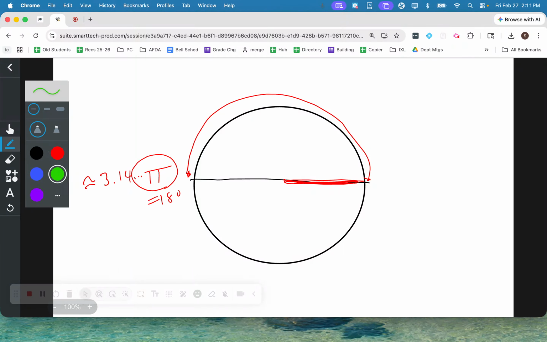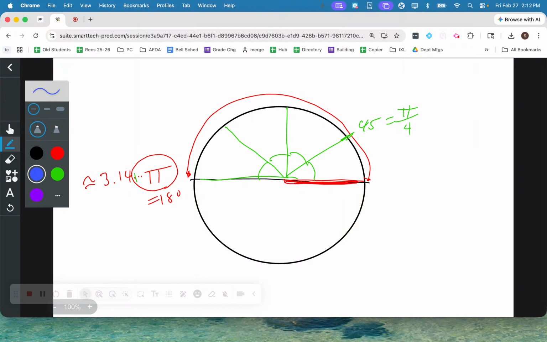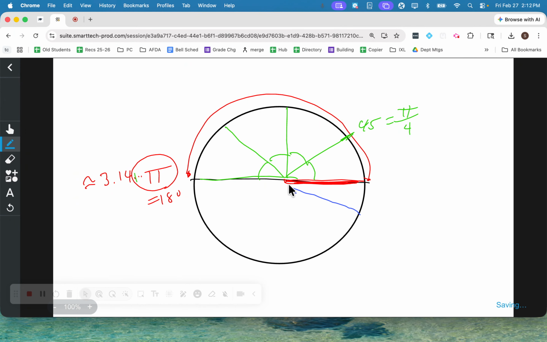Okay? So what I was talking about, quarter pies: here's a quarter pi, here's another quarter, here's another quarter pi, here's another. 45, 45, 45, 45. So 45 is associated with a quarter pi. I split up my pie into four slices. The ones I call the thin slices, there's 6 of them.